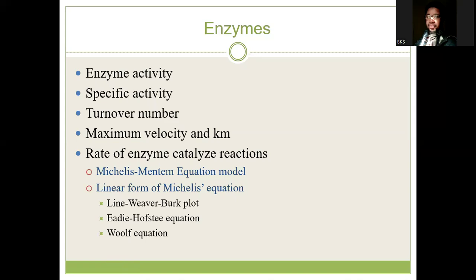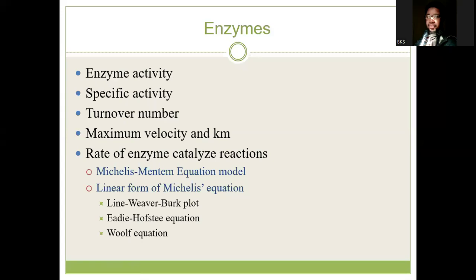Remember, we talked about an enzyme, and we defined an enzyme as a biological catalyst, which is usually a protein, and in some cases, it could be a ribozyme, that speeds up a chemical reaction. How does an enzyme speed up a chemical reaction? We mentioned that it is done simply by lowering the activation energy.